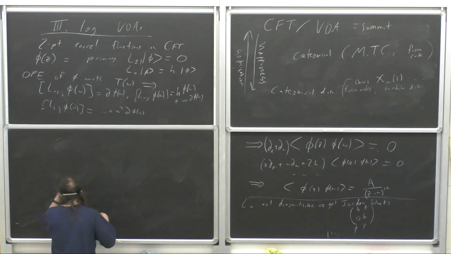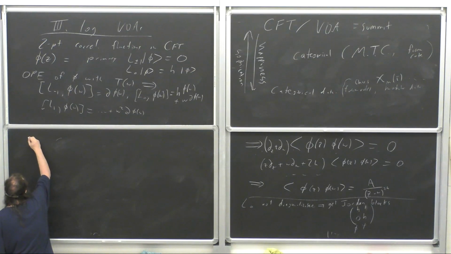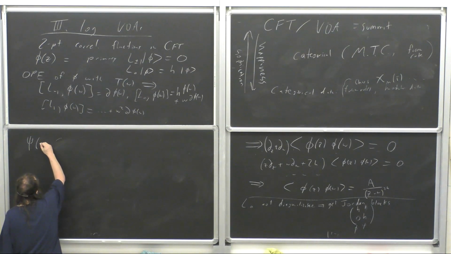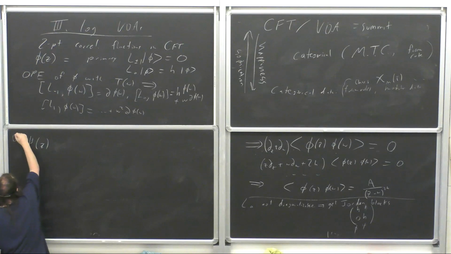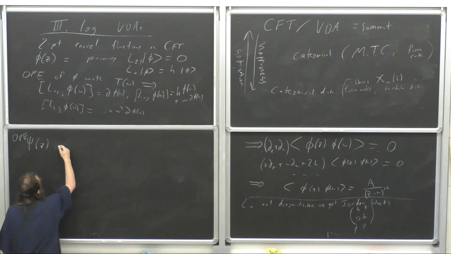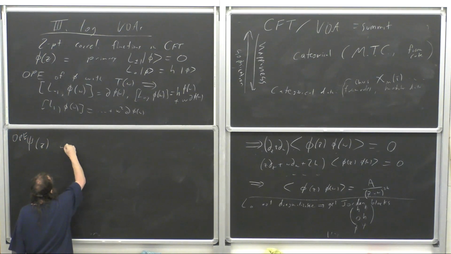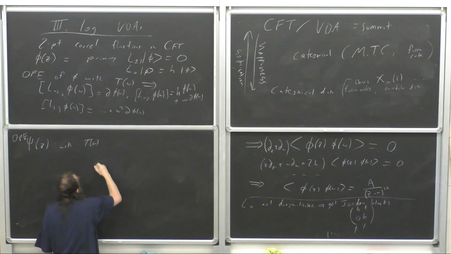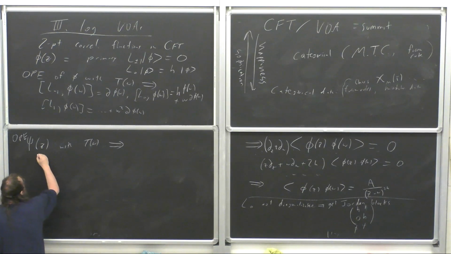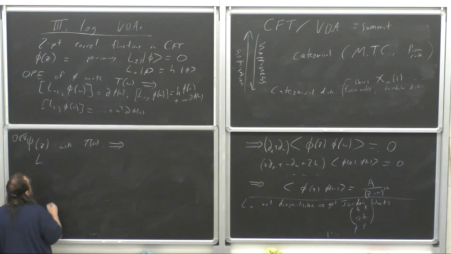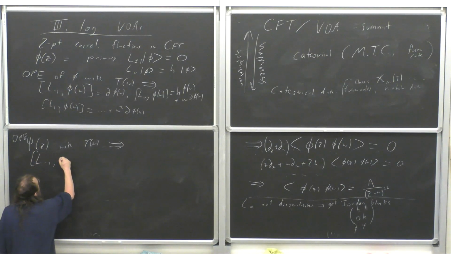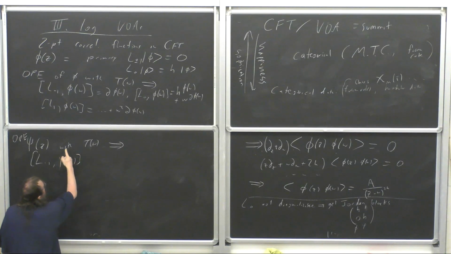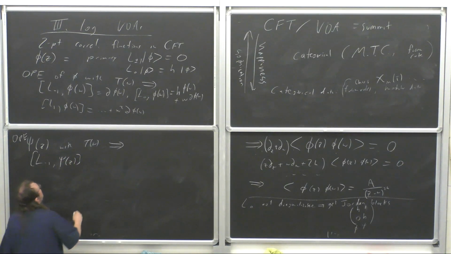You look at how your fields behave. You just copy what you did before: the OPE of this with your stress energy tensor. And what it gives you is commutation relations with the Virasoro generators. So you have L minus 1 acting on our fields. We already know what it does to our primary field, so we don't have to redo that calculation.